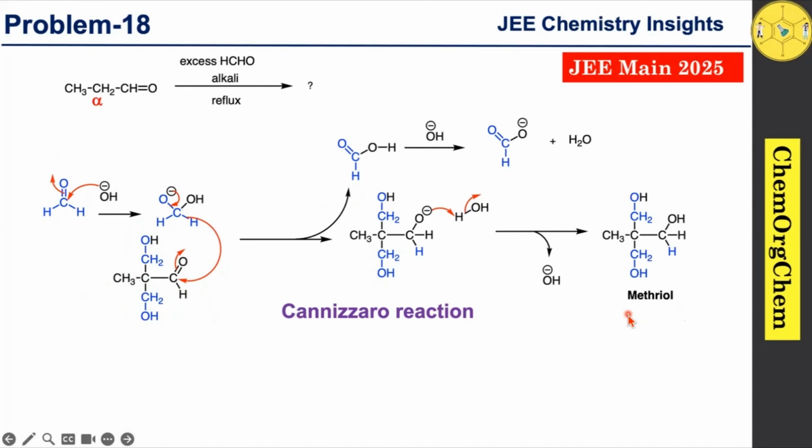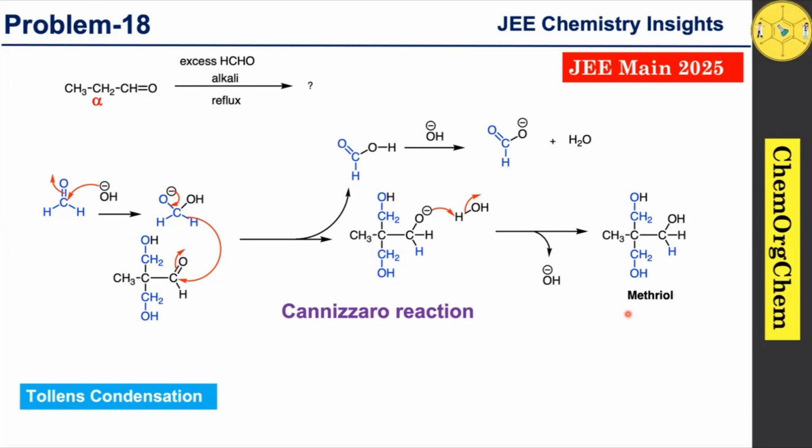Therefore, one reaction combining a cross-aldol condensation reaction and a Cannizzaro reaction is known as the Tollens condensation reaction.